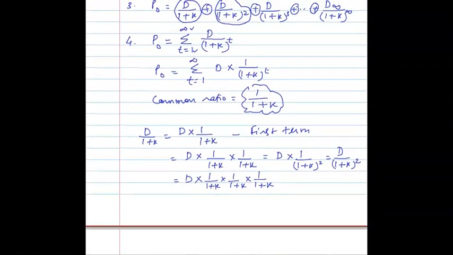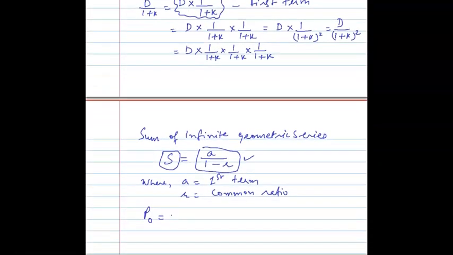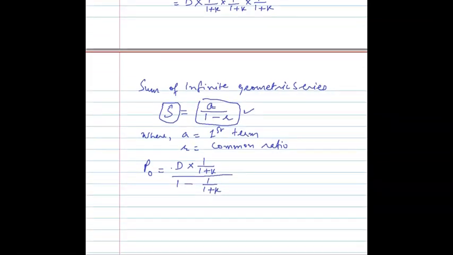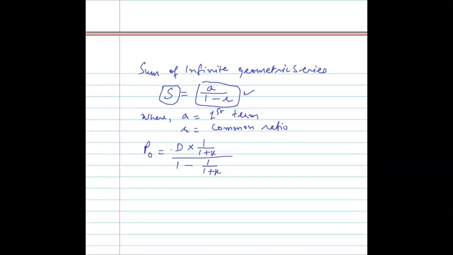We can go back and see: the first term is d over 1 plus k, or we can take up this formulation, d times 1 over 1 plus k. So the first term is d multiplied by 1 over 1 plus k. And then we need to divide this whole thing by 1 minus the common ratio, which is 1 over 1 plus k.